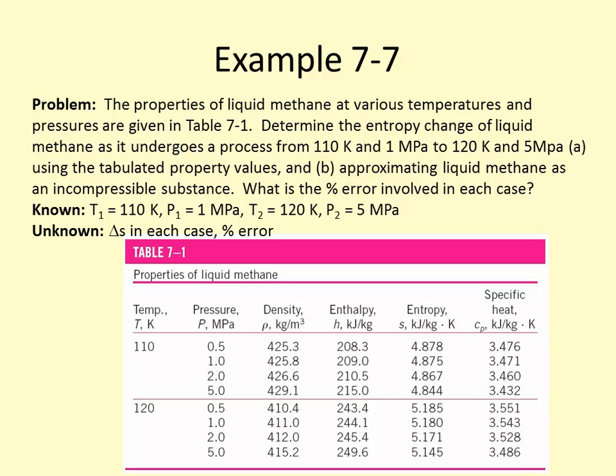Okay, so 12%. Depending on what precision is required, this could be acceptable, maybe a little bit higher than we would want to see, but it's a good back-of-the-envelope calculation just to determine your entropy change in the absence of information from the tables.